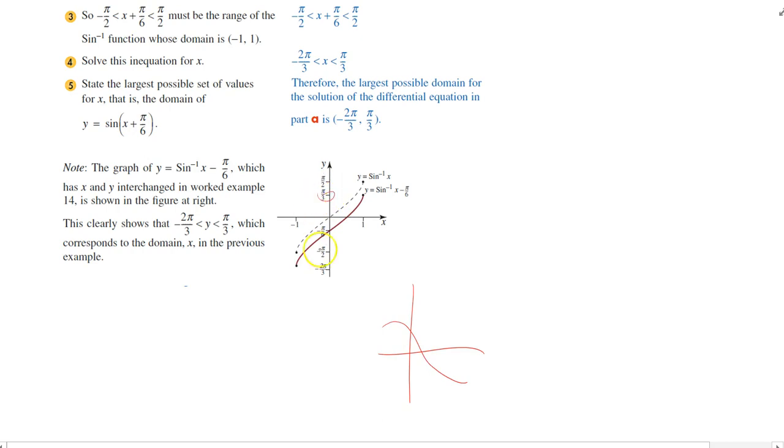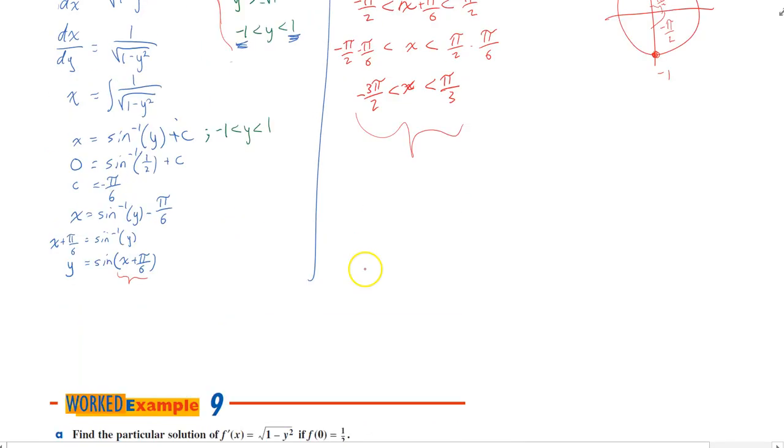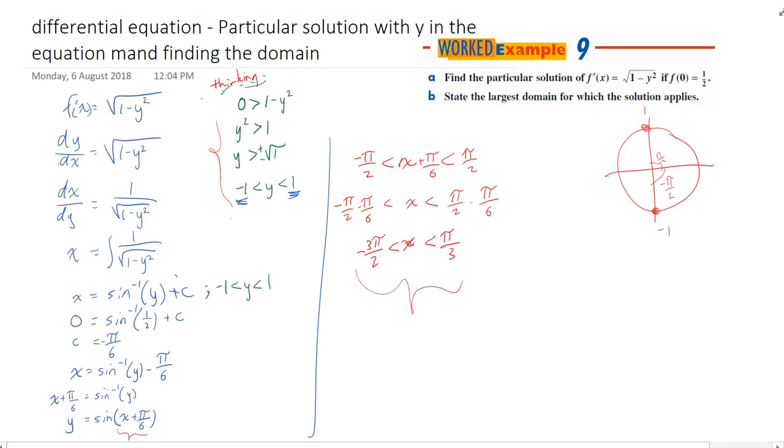Okay, and you can see these would actually be your domain values there. So it's actually by inverting it, because this was x equals inverse sine of y, that those domain values come about. But that's the sort of graph we're looking at, but take it and turn it on its side. All right, good luck.